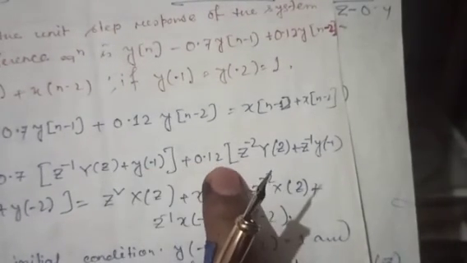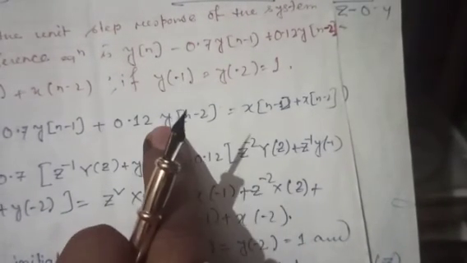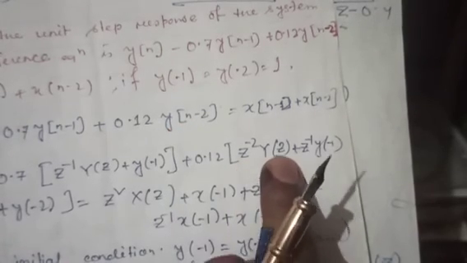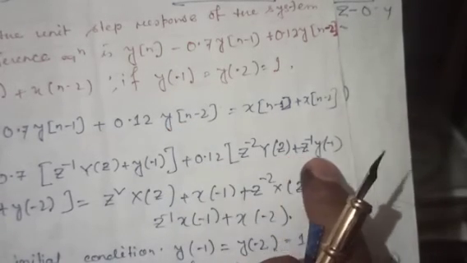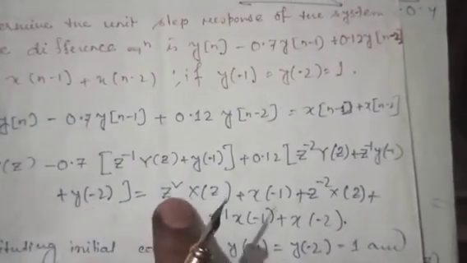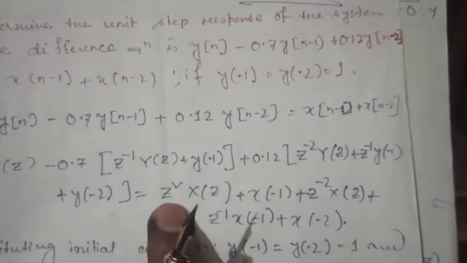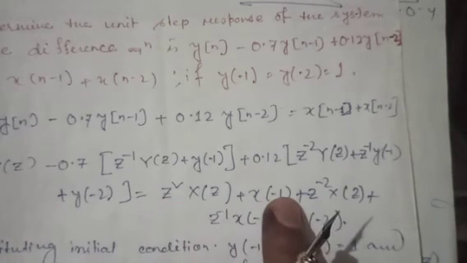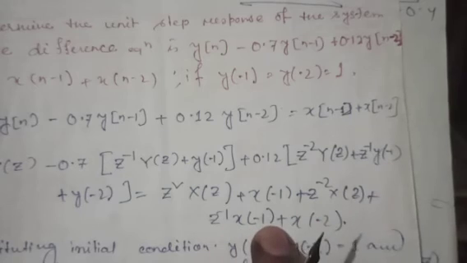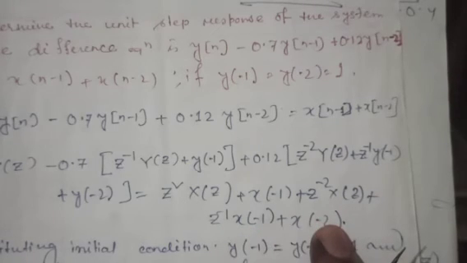Similarly, 0.12 y of n minus 2 becomes z to the power minus 2 y of z, but practically z inverse y of minus 1 plus y of minus 2. Similarly, the right hand side will be z to the power minus 1 x of z plus x of minus 1, and z to the power minus 2 x of z plus z inverse x of minus 1 plus x of minus 2.